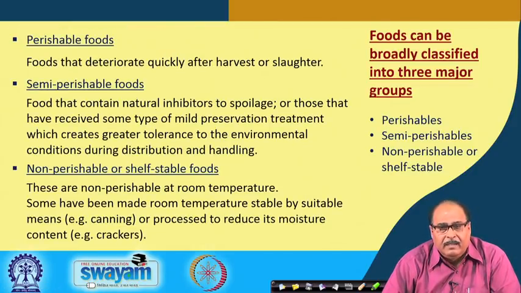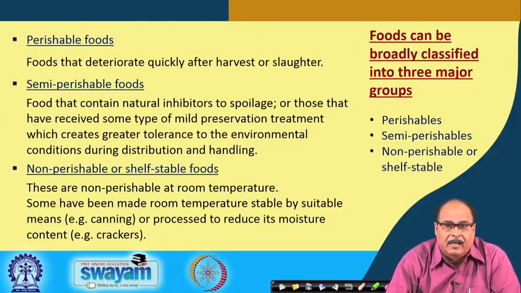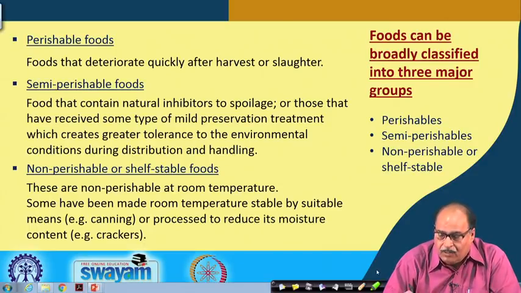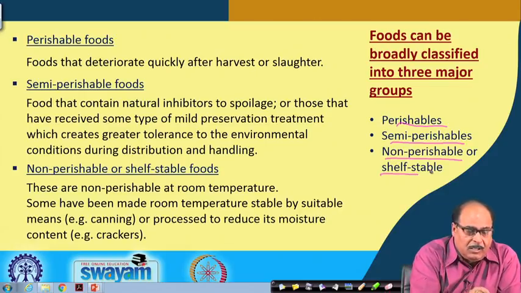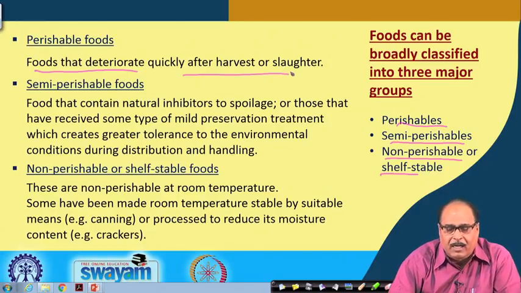Depending upon the different constituents present, particularly the water and other components, the world food supply is generally classified broadly into three major groups, and those are perishable, semi-perishable and non-perishable or shelf-stable. Perishable foods are those that deteriorate quickly after harvest or slaughter.